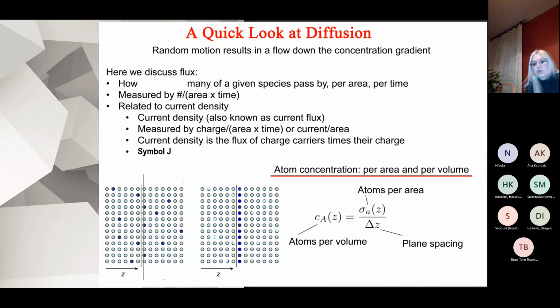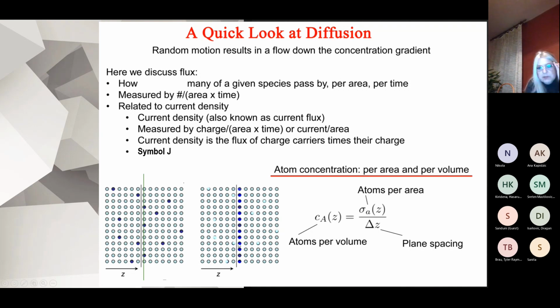That's why we talk about diffusion and concentration gradient, because we'll see that you're going to have a concentration gradient and diffusion when we talk about the p-n junction. And here we can say that atoms per volume at some position Z can be expressed as atoms per area divided by the plane spacing.